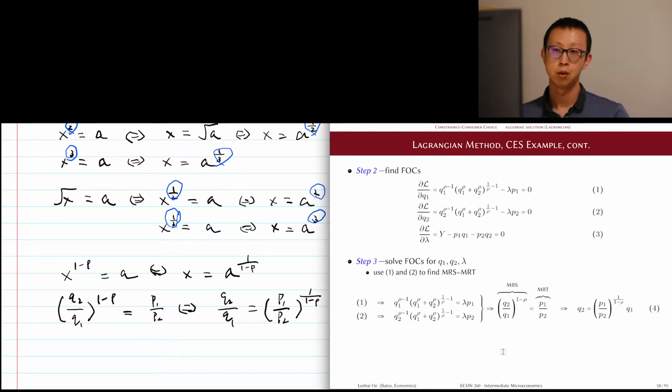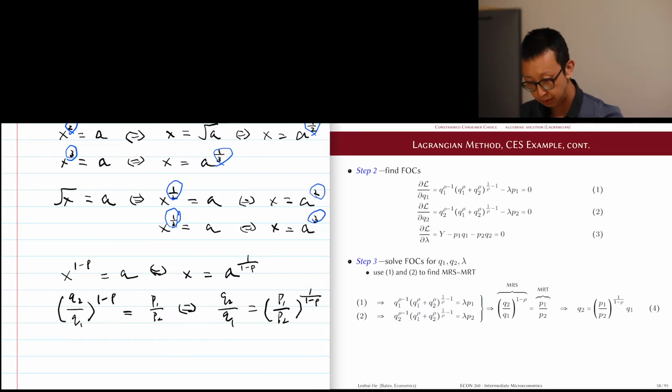And voila, that's exactly the expression we have after we multiply Q1 on both sides of the equation. So there we go. That gives us equation 4 here on the slide.